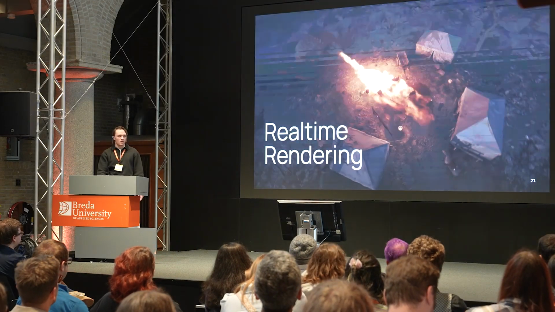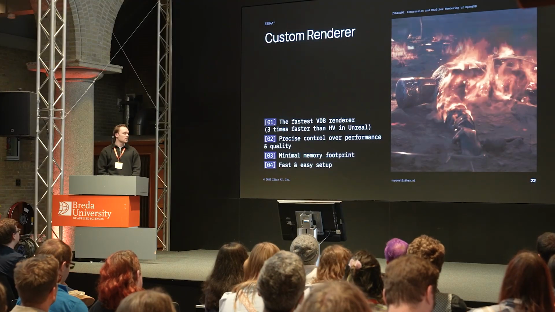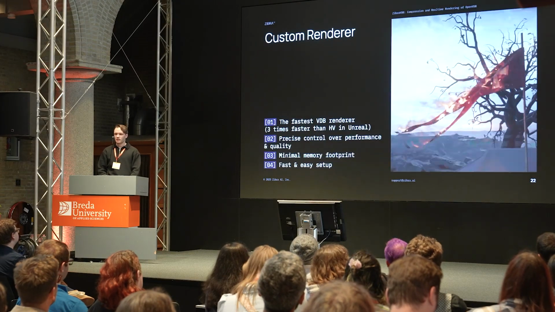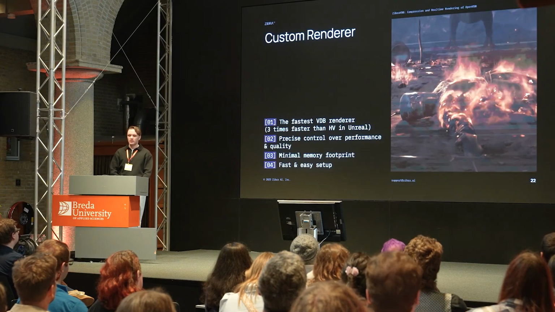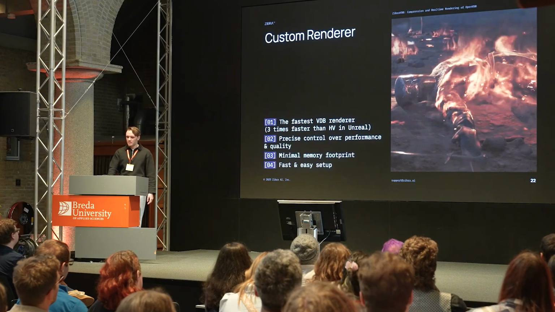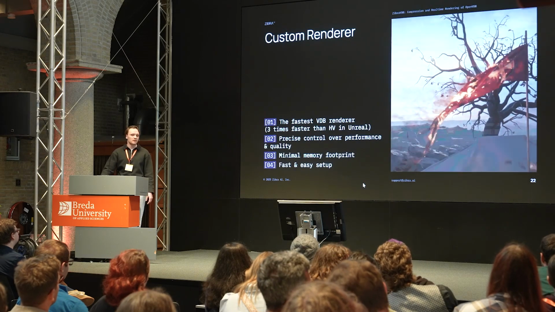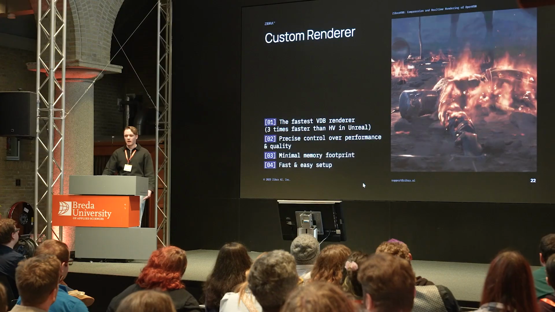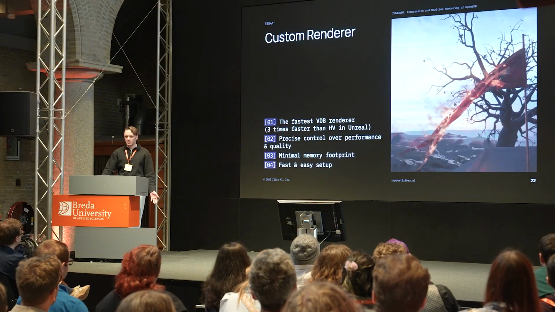Now let's see how our real-time rendering works. When we started working on ZibraVDB, Unreal Engine had only just released heterogeneous volumes, and it wasn't any good, so we decided to implement our own renderer. Then as heterogeneous volumes were progressing, we noticed that it's still much slower than our own renderer. Up to this time, we are still supporting it.